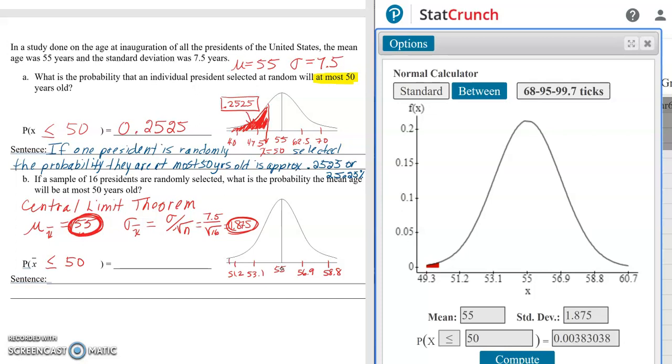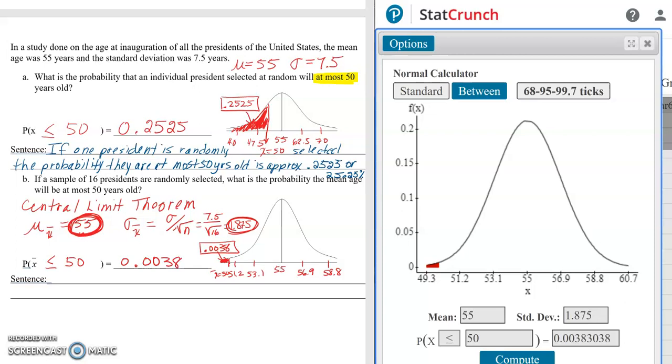Then 50 is just to the left of 51.2, so that's x bar equals 50, and I'm going to shade that teeny tiny little area to the left. I'm going to label that new area as 0.0038, so that means my probability answer is 0.0038.